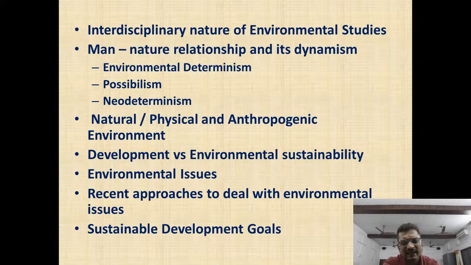These are the major social, economic, and environmental issues that have been designed, and 17 sustainable development goals have been identified. We need to achieve these sustainable development goals by the year 2030.